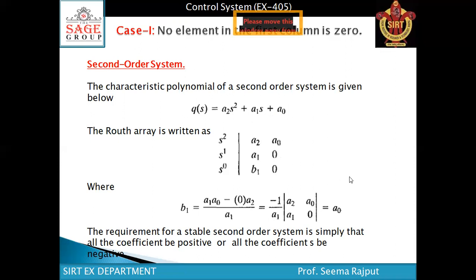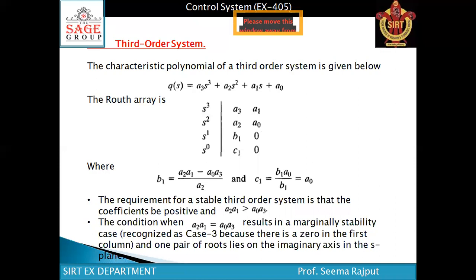That is the calculation process, equal to a0. The requirement for a stable second order system is simply that all the coefficients be positive or all the coefficients be negative.